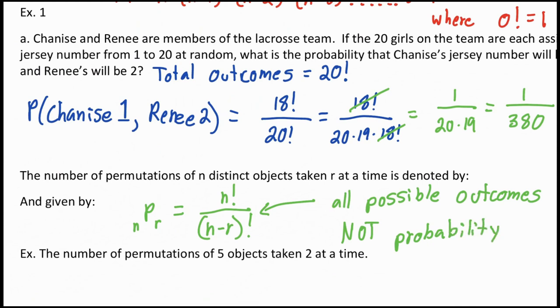So when we're doing this, we're saying this is our possible outcomes. We're not saying this is a probability of an outcome occurring. What we did previously, remember, is how many outcomes we want that work out nice for us over the total number of outcomes possible. Does that make sense? Okay.